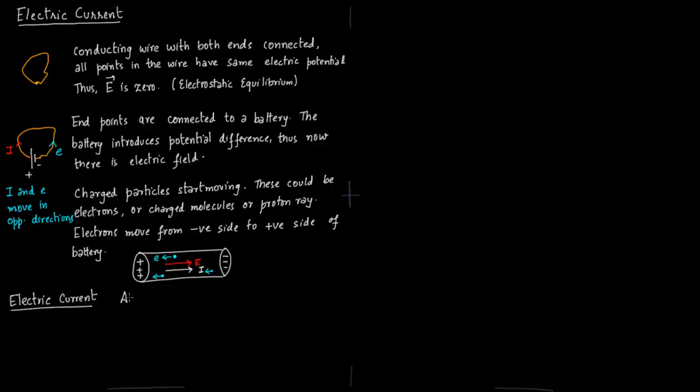So now we properly define electric current. This is the amount of charge flowing across any section of wire in time delta t.